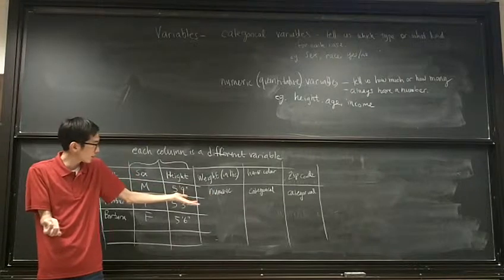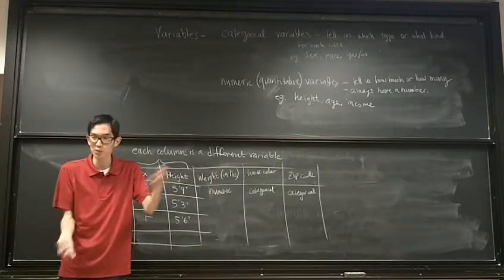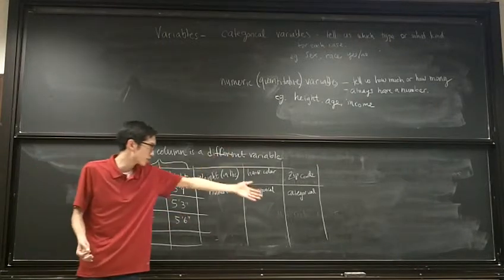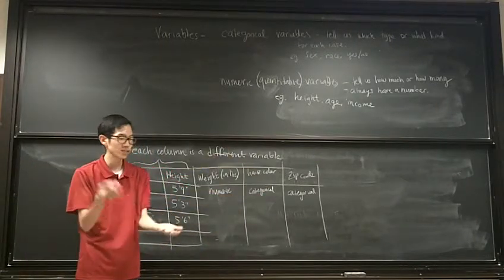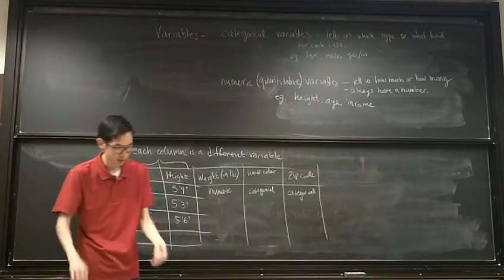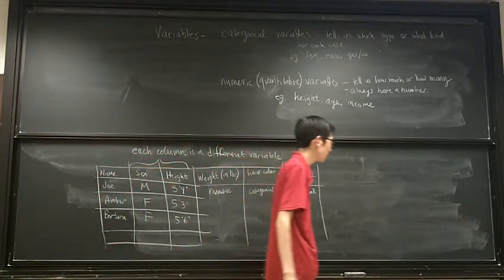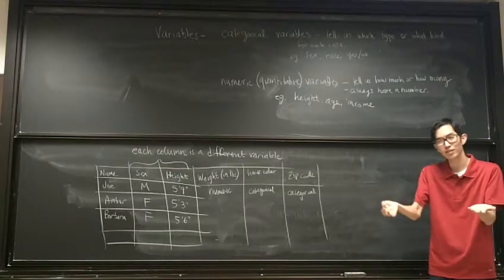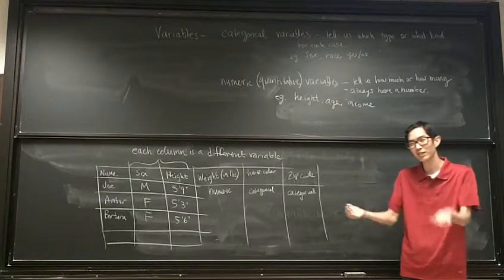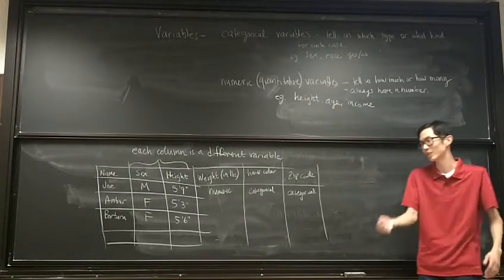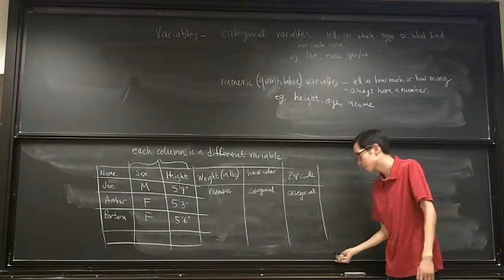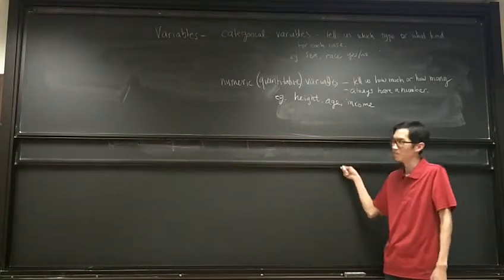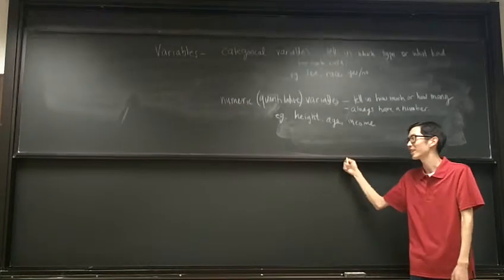It makes sense to say this person weighs 20 pounds more than this person, or this person is 3 inches taller than this person, but with zip code, you can't say this person has 20 more zip code than someone else, okay? And with hair color, you can't even compare colors per se, okay?